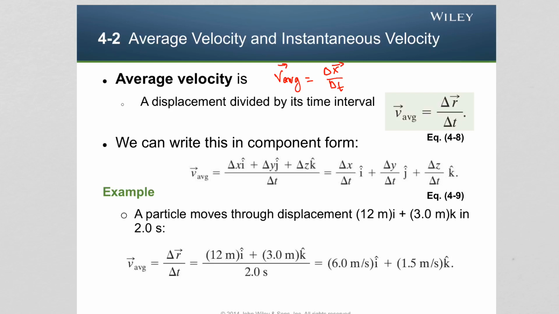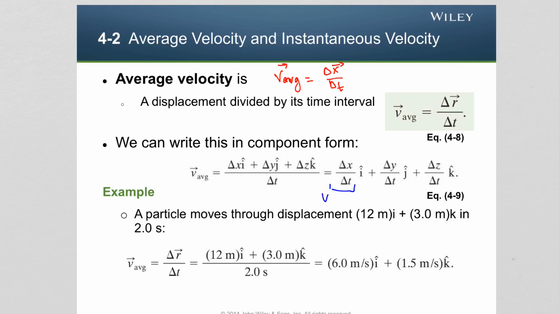And so I can split this into the sum of three terms, delta x divided by delta t i hat plus delta y divided by delta t j hat plus delta z divided by delta t k hat. And now, based on the definition of average velocity, you can also recognize that each term here corresponds to the average velocity in each coordinate direction.